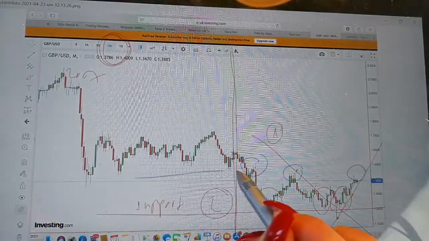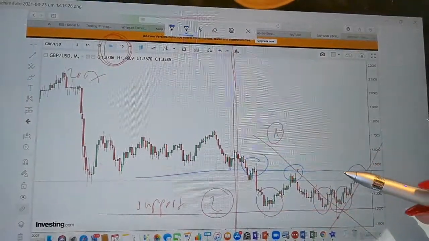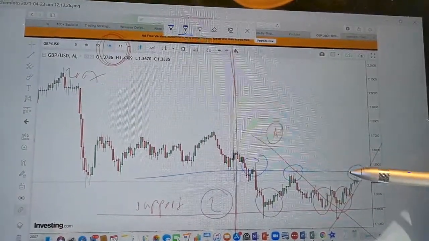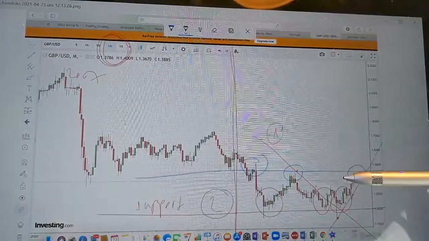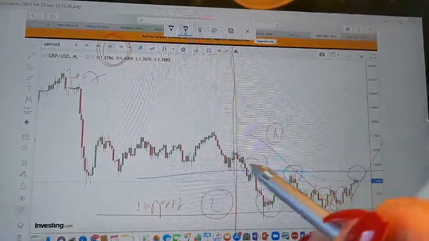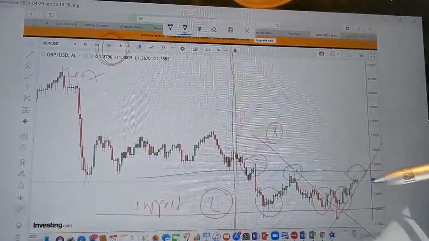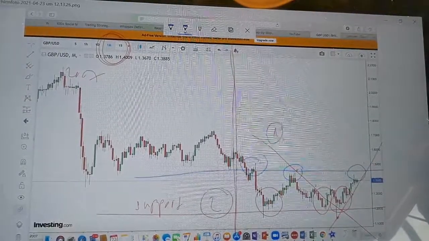That means this seems to be something like a resistance line. Resistance means people can't just cross this particular zone. It seems to be quite difficult and challenging for them. And every time they try, so 1, 2, and now a third time, they failed.